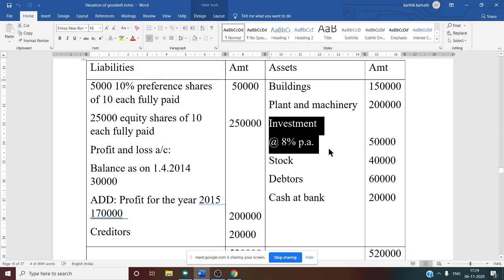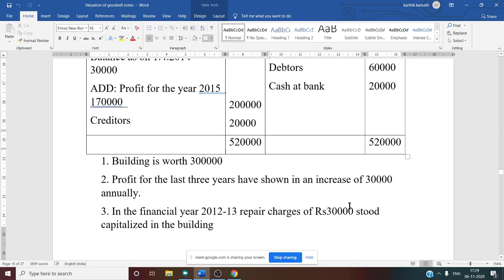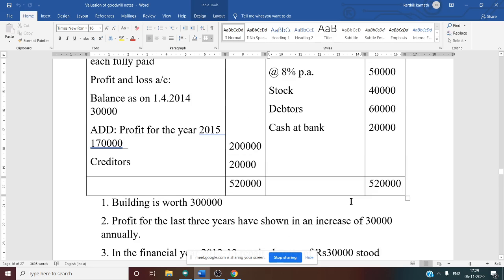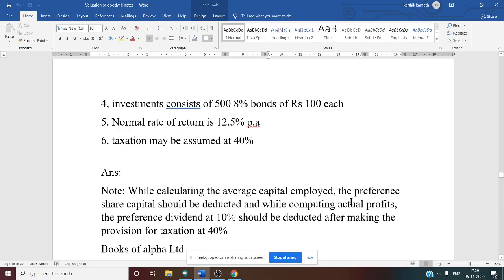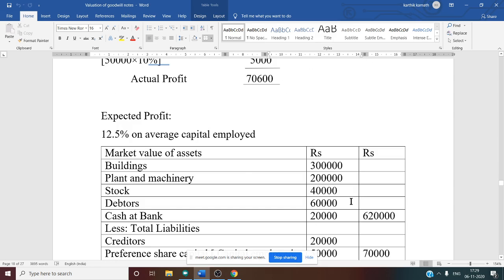Investment doesn't appear. Why? Because it's a non-business asset. Stock, debtor, cash at bank as it is. As there is no adjustment or agreed value given, book value itself is the market value. So all the information you are going to write now here. See this: building 3 lakh, plant and machinery 2 lakh, then stock 40,000, debtor 60,000, cash at bank 20,000.